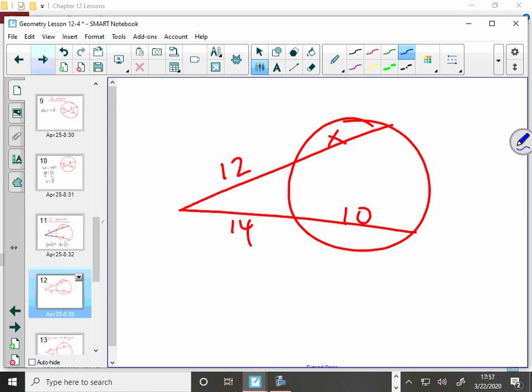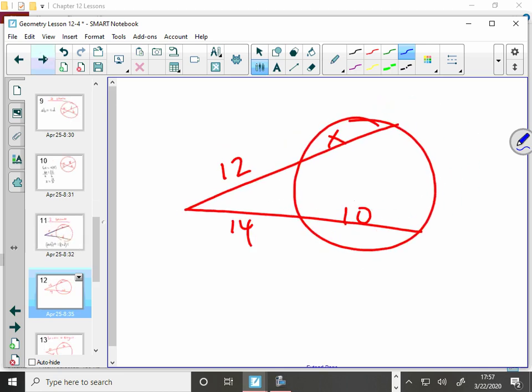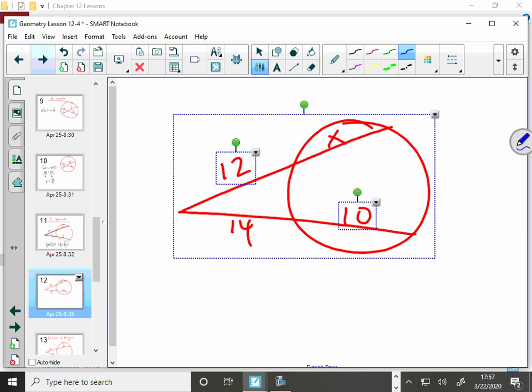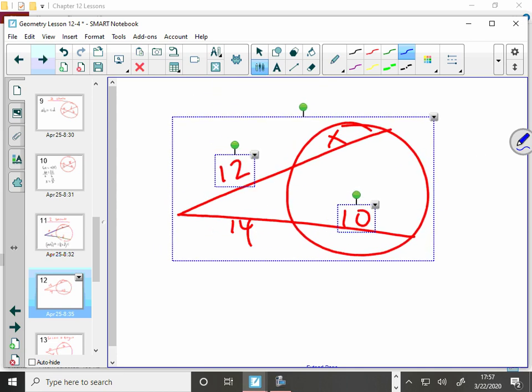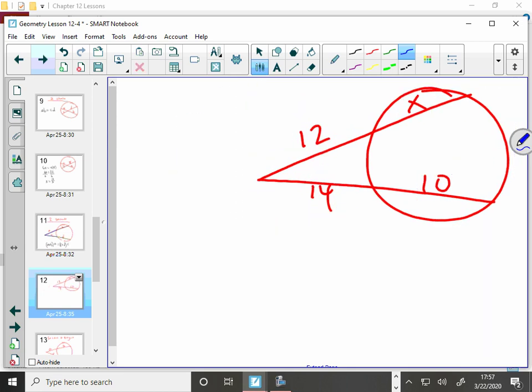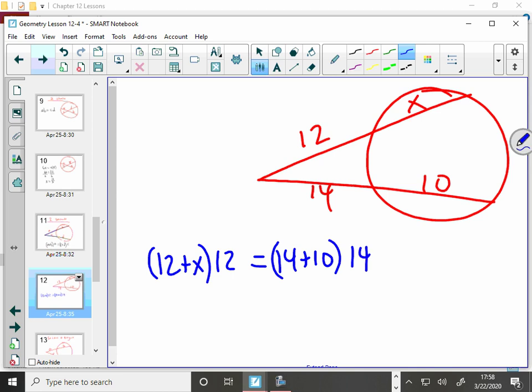For example, the entire segment, the top segment, is 12 plus x, and you want to multiply that times the outside part, which is 12, and that equals the entire segment on the bottom, which is 14 plus 10, and you want to multiply that by the outside part, which is 14.